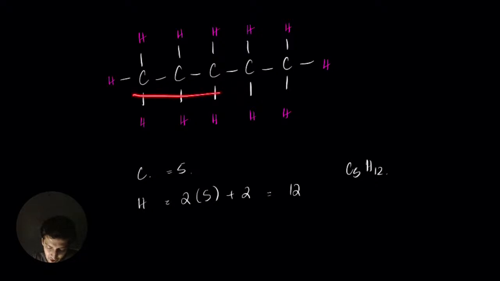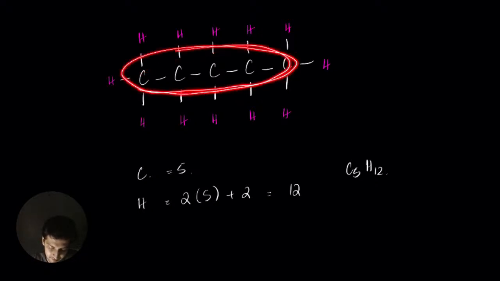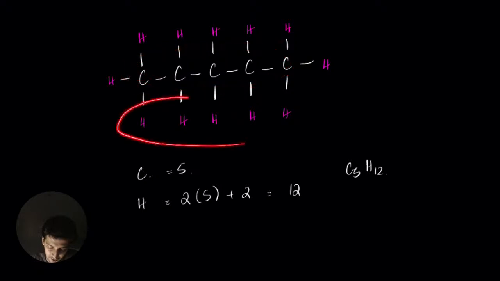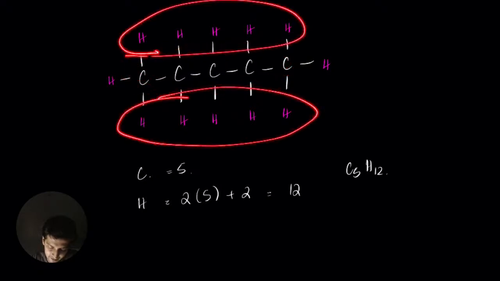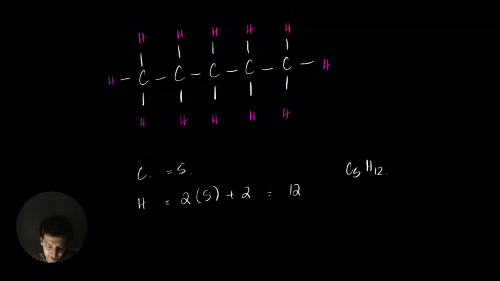So for any carbons, if I have X number of carbons, the number of hydrogens will always be 2x plus 2, right? Does that make sense? Or let's say N, X is used a little bit too much.